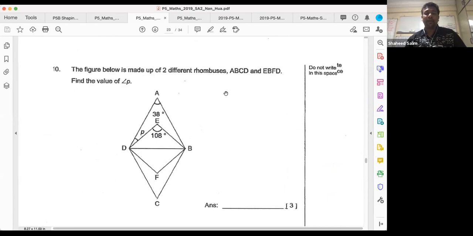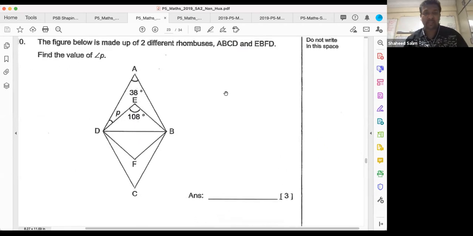They want you to find the value P. This one looks like a P6 question, but it's P5. Rhombus means senget square. I will mark the rhombus for you. This is one rhombus. This is another rhombus.